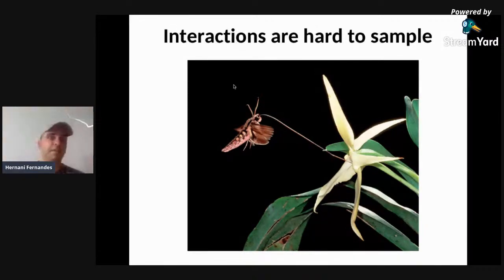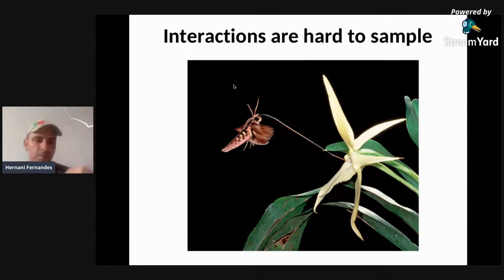Even though he had never seen this orchid in the wild, he predicted at the time that there should be a pollinator, probably a moth, with a proboscis of the same length as the orchid's in order to be able to pollinate it.